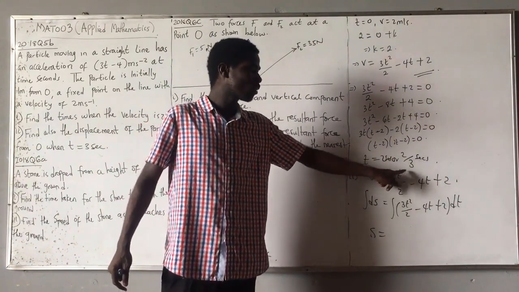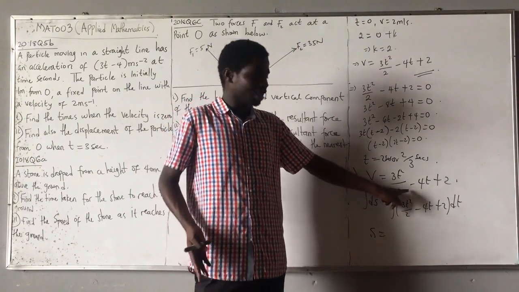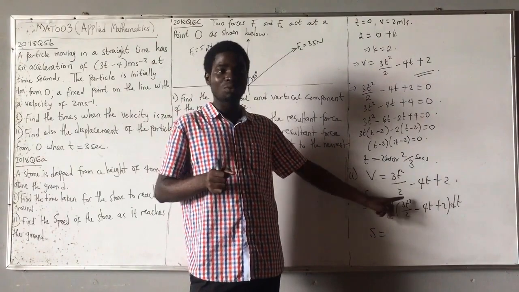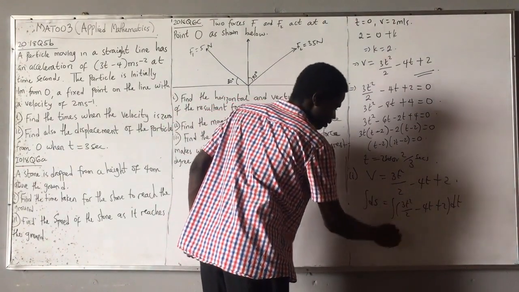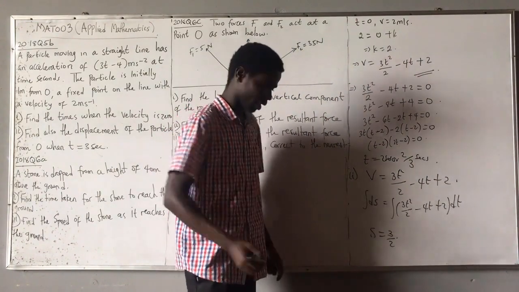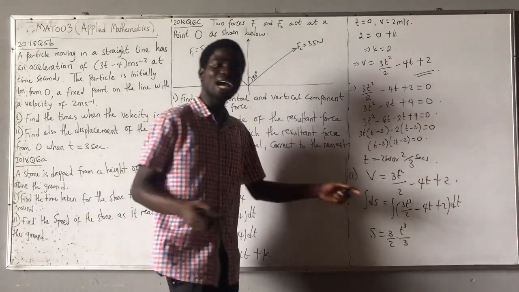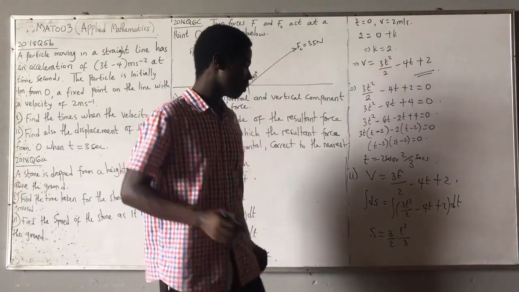Integrate this one: you add 1 to this power, 2 plus 1, 3, divided by 3, with the 2 already down before, so that's 3t raised to power 3 over 6. Let this 3 over 2 be first, multiplied by the integral of t squared, which is t raised to power 3 over 3.